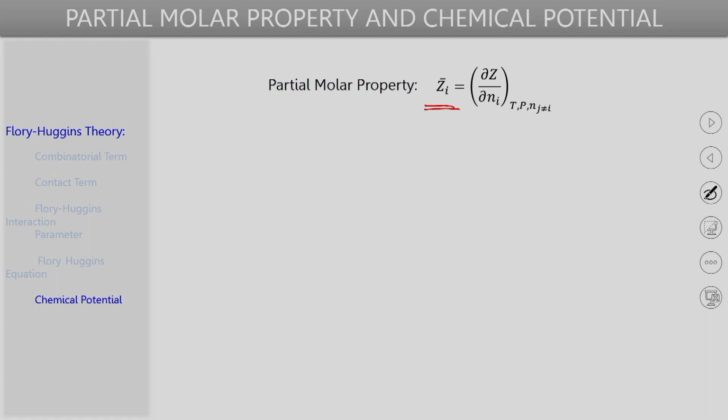The corresponding partial molar property is given by Z i bar, and it is defined as the partial derivative of Z with respect to N i, which is the number of moles of this component i, keeping the temperature, pressure and the number of moles of all other components in the system constant. As I just mentioned, it is a measure of how much a certain property changes when we add a very small amount of a certain component to the solution or mixture.